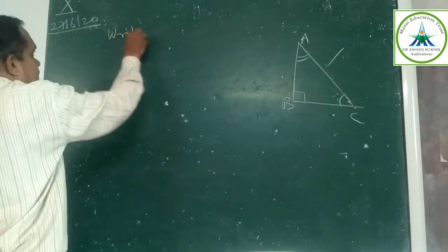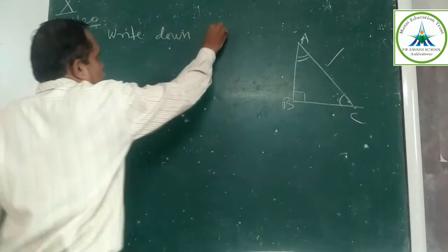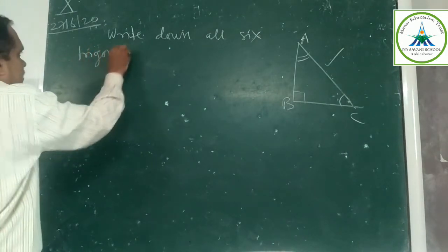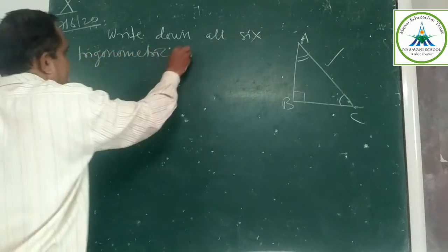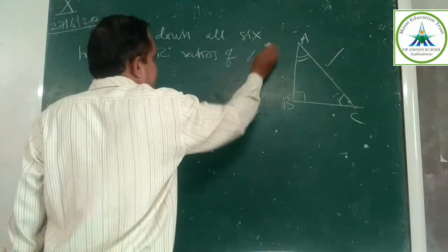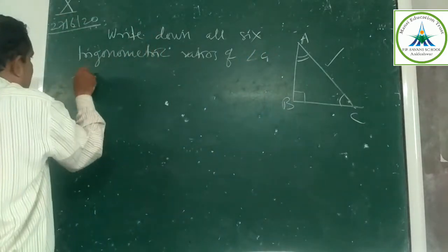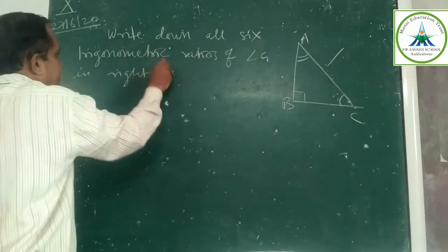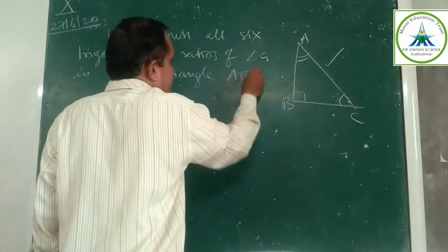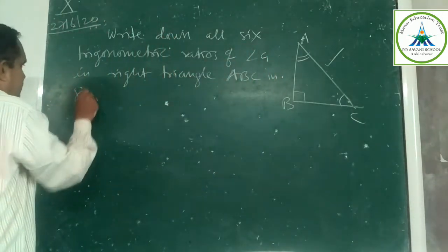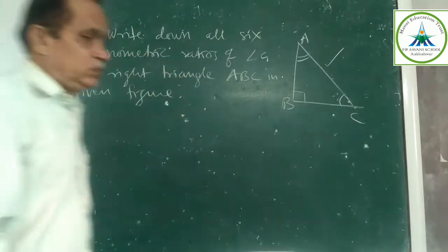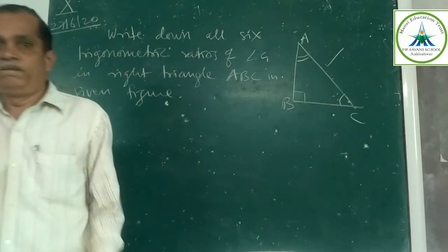Write down all 6 trigonometric ratios of angle C in the given right triangle ABC.